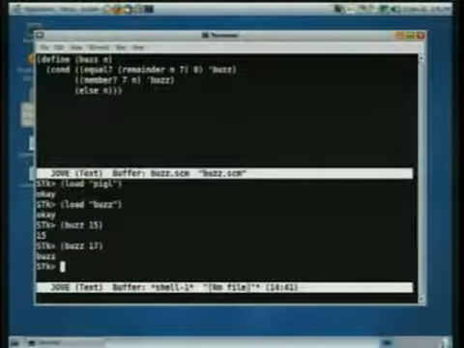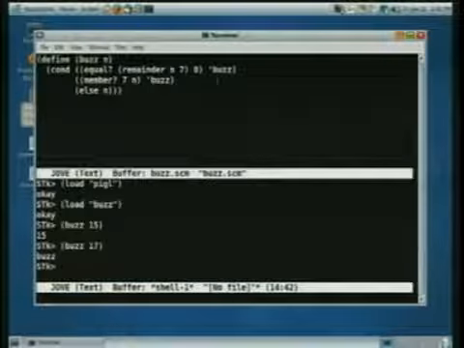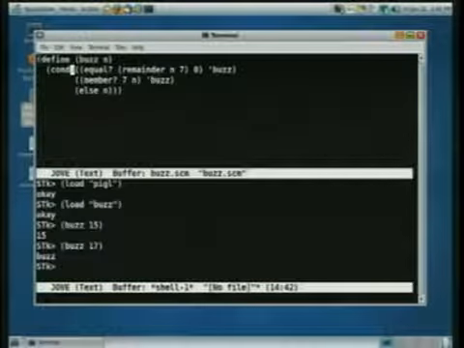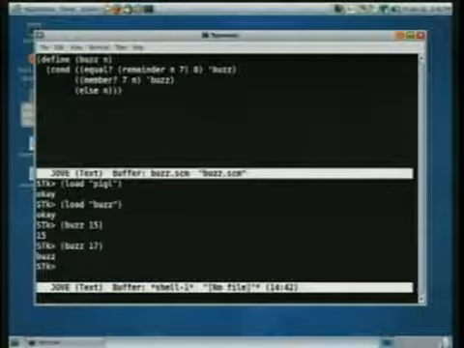Cond is an alternative to if that's designed to be easier for situations where there's more than 2 possibilities. So in this case, there's 3 possibilities. Represented by this cond clause, this cond clause, and this cond clause, those 3. Okay? So what's a cond clause?